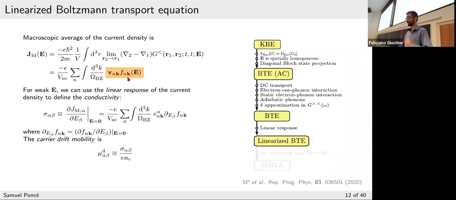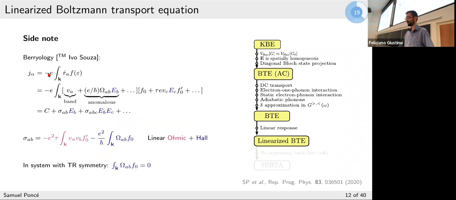And I will make a small parenthesis just to be very clear. If you look at all this Berry phase and so on, what you actually find out is that this current density is the product of this derivative of the position operator times this occupation function. And if you expand both of them, you get this. So this gives you the band velocity, but you actually have another term, which is called the anomalous velocity, where you have this Berry curvature.